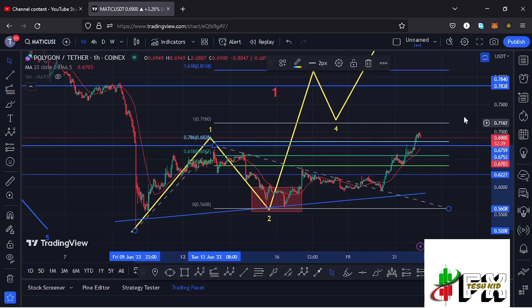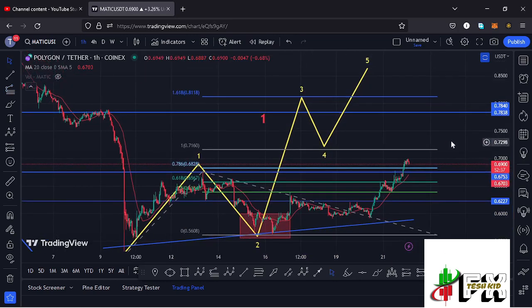That gave me a minimum target area for the wave 3 at the fib level 1.618, at around the $0.8118 mark. That is the minimum that I'm expecting Matic to do in the formation of that wave 3.